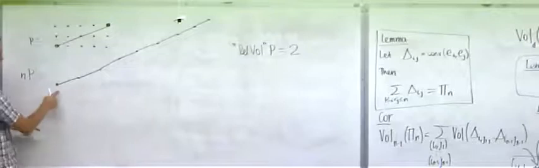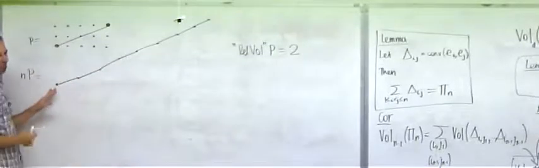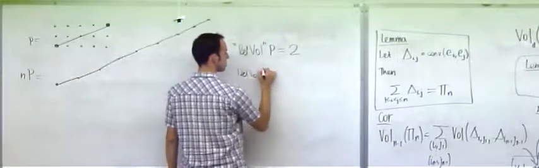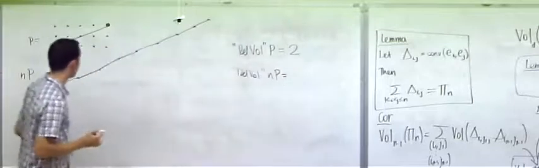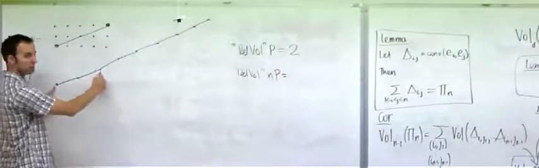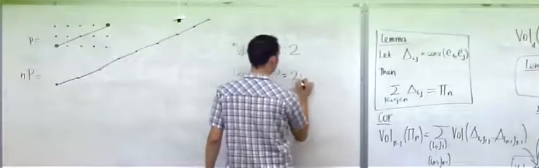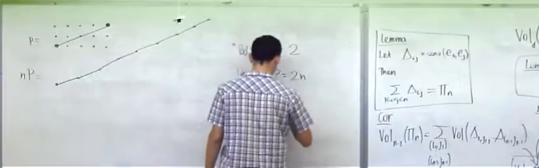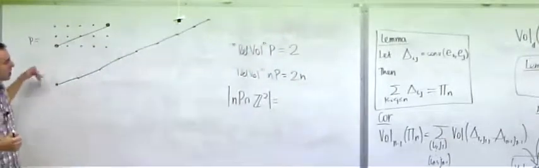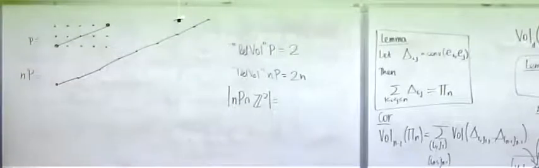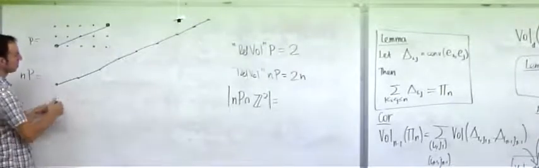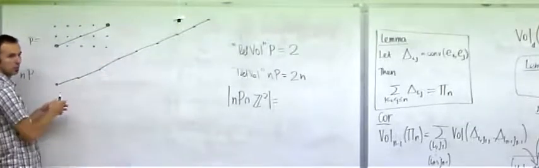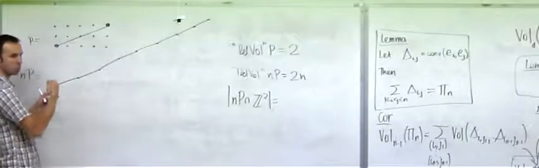Okay. What's the point? What is the length of nP then, according to this? It's 2n, right? I have 2 and then 2n. Okay. So what is the number of lattice points in nP? This thing has length 2n, which means that it's 2n plus 1.